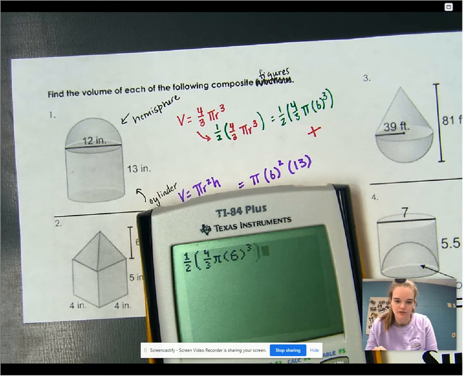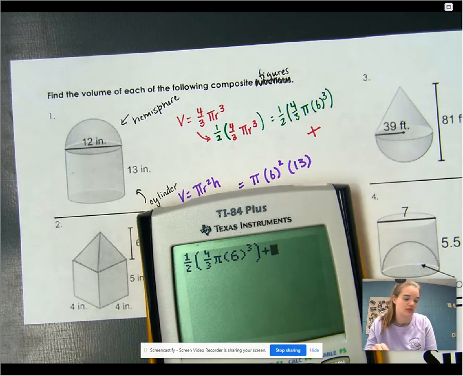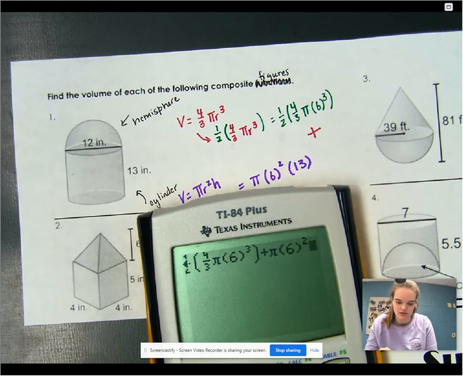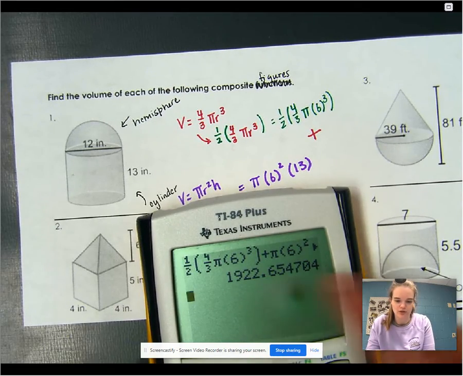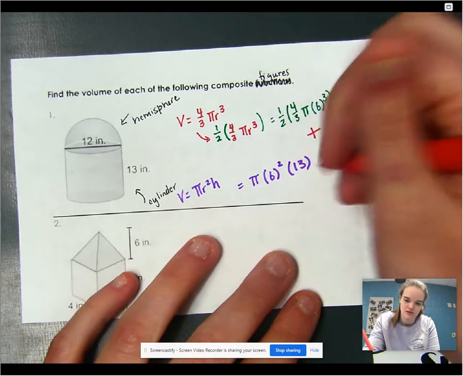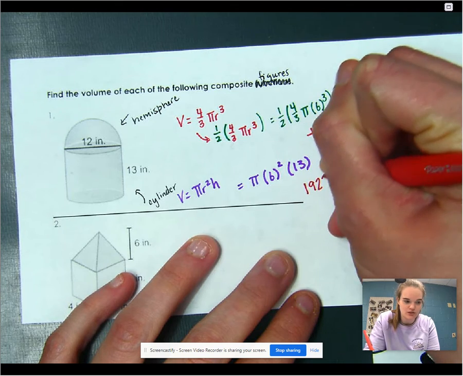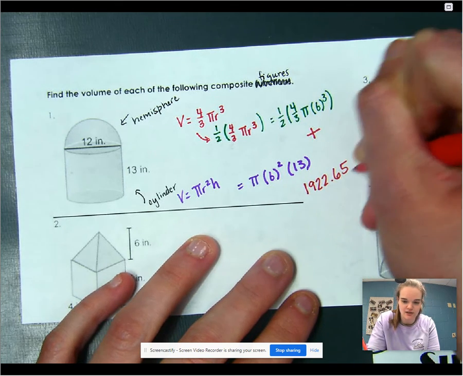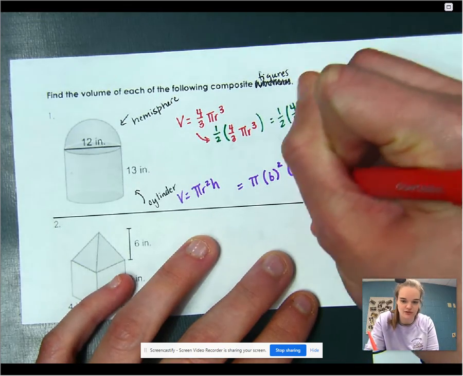Close parentheses, and I'm going to add, so this is the hemisphere, I'm going to add the cylinder. Okay, and I'm going to round to 2 decimal places. So I've got 1,922.65 inches cubed. That is the volume of this composite figure.